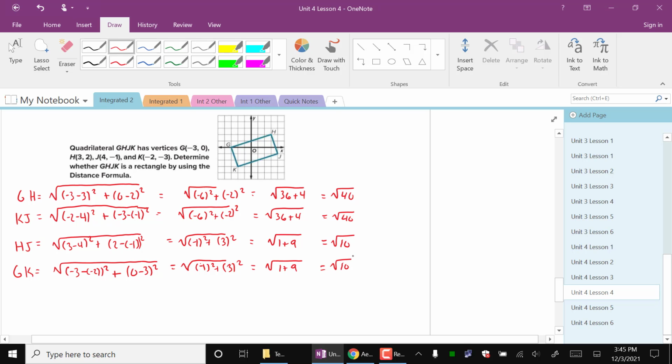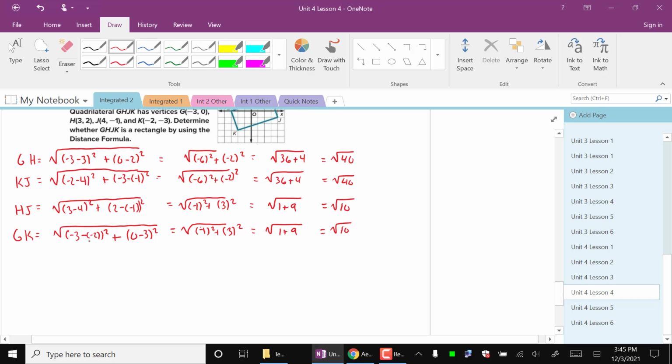So far our sides work. Our opposite sides have the same length. Now we've got to deal with our diagonals.